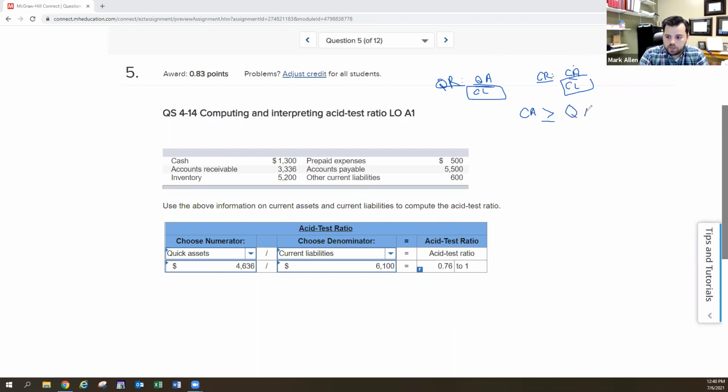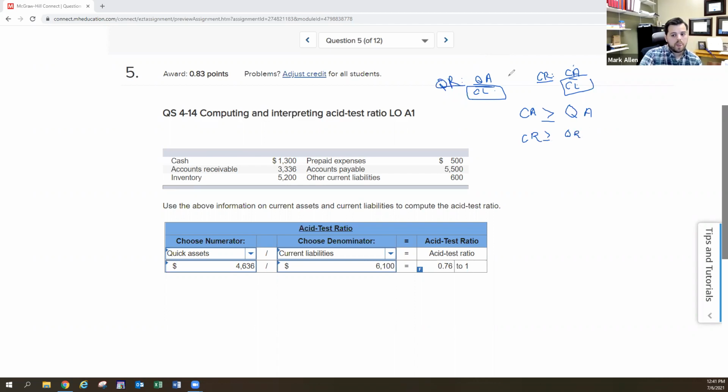Has to be. Absolutely has to be. Because there are assets included in current that are not included in quick. So what that tells me then is that if the denominator has not changed, and at the very most, quick assets are equal to current assets, then what I can say is that the current ratio will always be greater than or equal to the quick ratio.